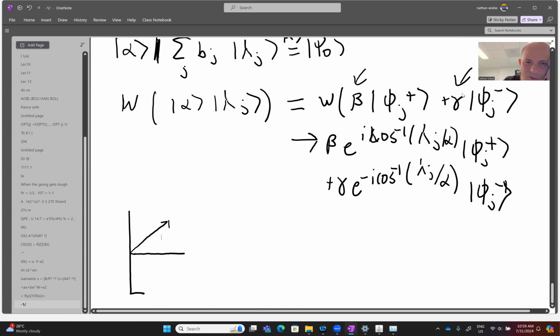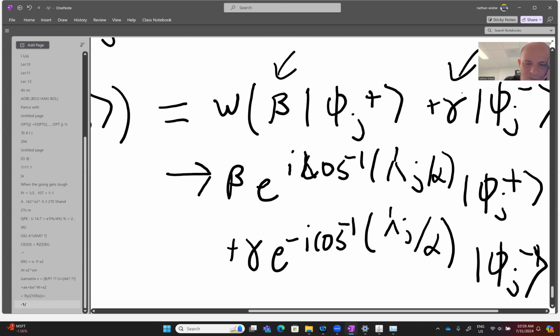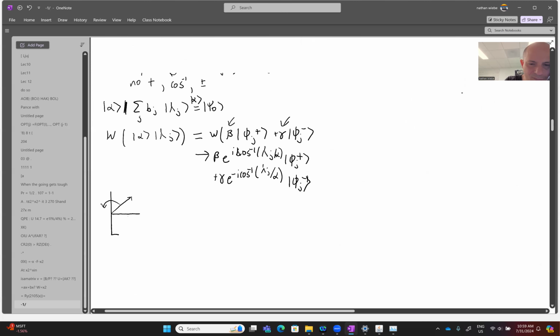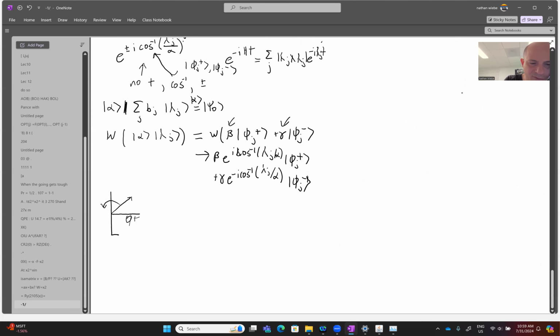That will cause a rotation inside this 2D plane spanned by phi plus j and say phi minus j. So we'll get a rotation because of the differences between the positive and negative eigenphases. And that's not what we want.